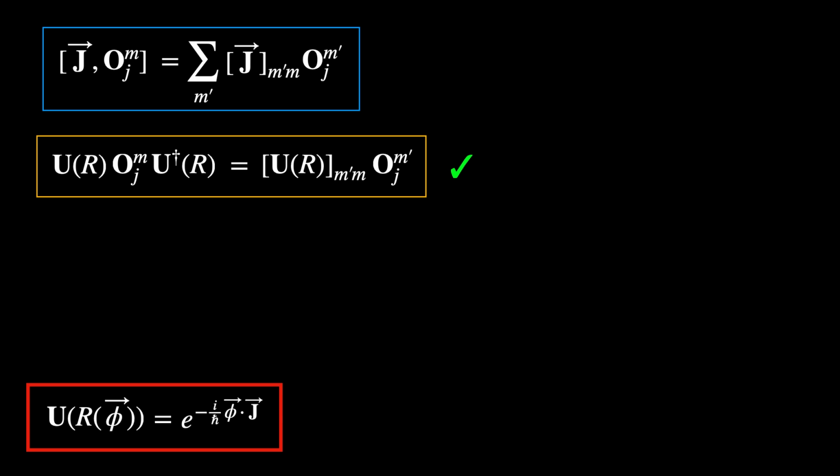This identity is useful because it allows us to work out how the state which results from OJM acting on the zero angular momentum state transforms under rotations.